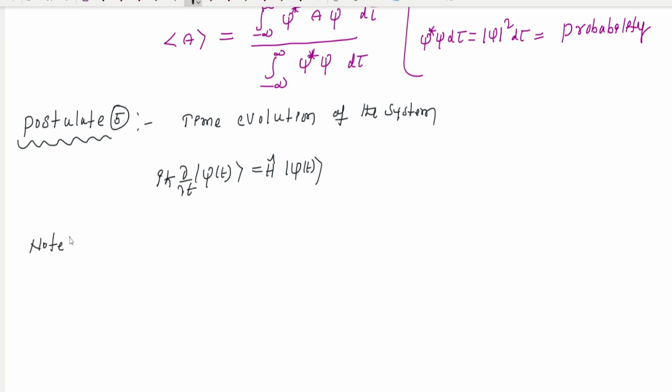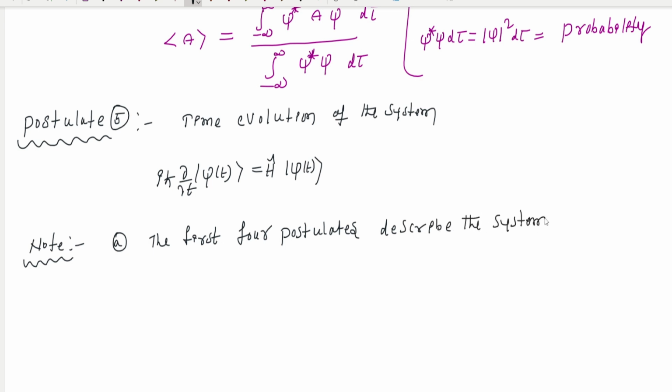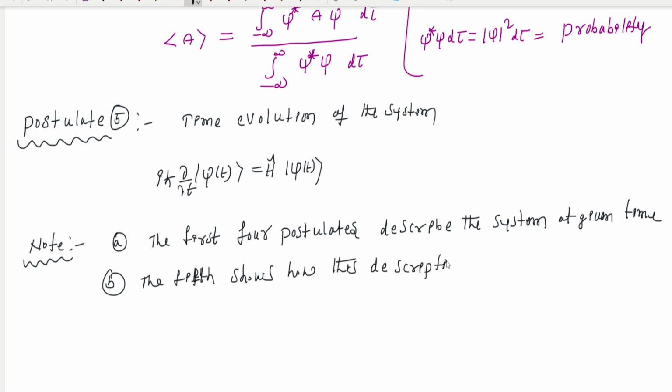Okay, so here I'm going to give a note. These are the 5 postulates. The first 4 postulates describe the system at a given time, and the 5th shows how this description evolves in time.